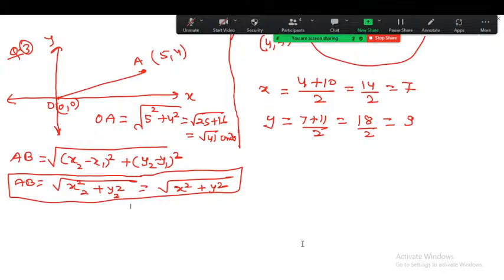When my quadrilateral is a parallelogram, we have opposite sides equal, but diagonals are not equal. In case of rectangle, the opposite sides are equal and diagonals are also equal. In case of square and rhombus, in both cases you will get all the sides equal. But in case of a square, the diagonals are also equal, while in a rhombus you will not get diagonals equal.